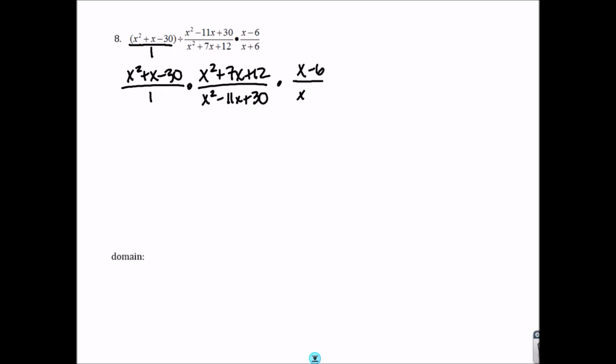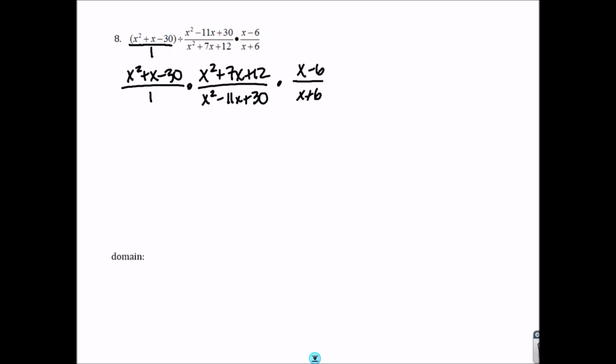So let's go ahead and rewrite this. We keep the first fraction, change the division to multiplication, and flip the second fraction. And then multiply by the third fraction.